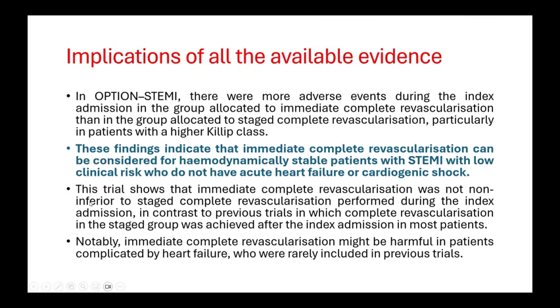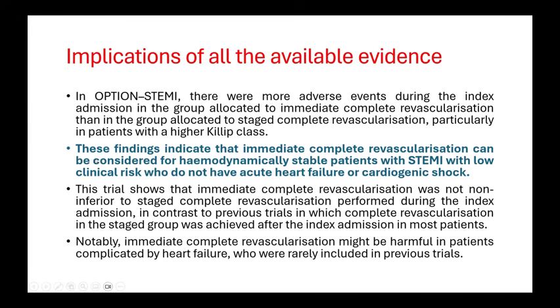But what was the result of such a trial? The result was that there were more adverse events if you decide to do the complete revascularization ad hoc at the index procedure. And this was seen in all the groups of patients except 2 groups: the young patients with KLIP class 1.